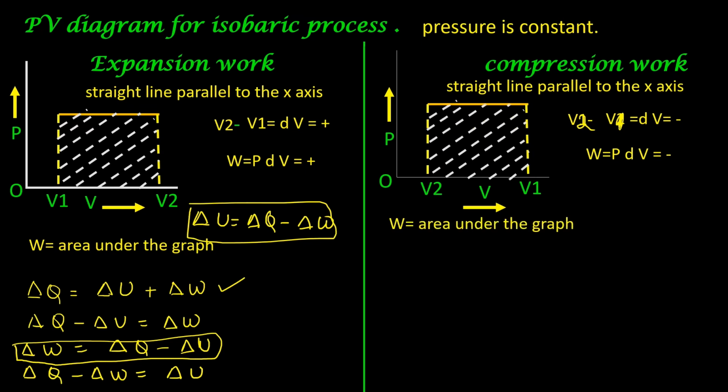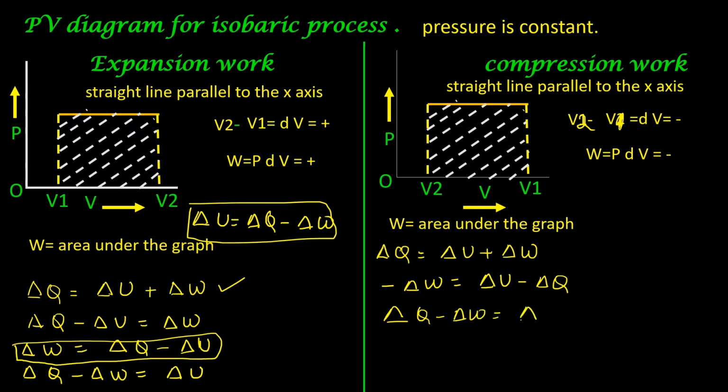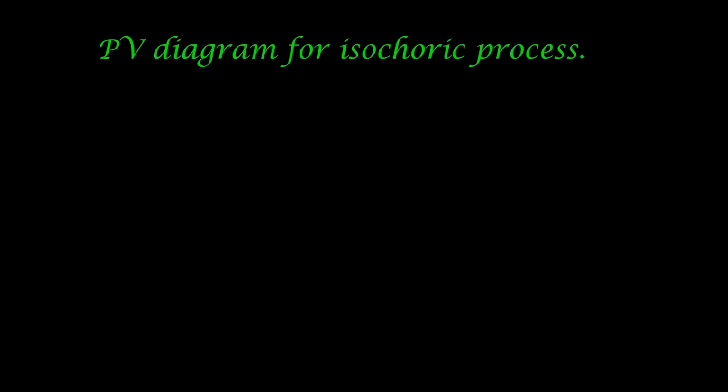Here also applying thermodynamic equation, delta Q is equal to delta U plus delta W. Here delta W is negative, therefore delta Q minus delta W is equal to delta U. That is change in internal energy. Note this relation. I hope it is clear. We will proceed with isochoric process. PV diagram for isochoric process.